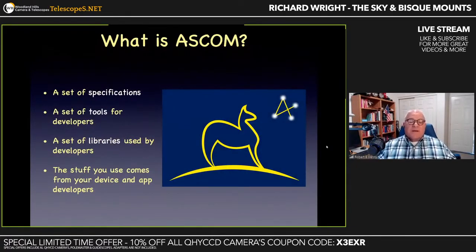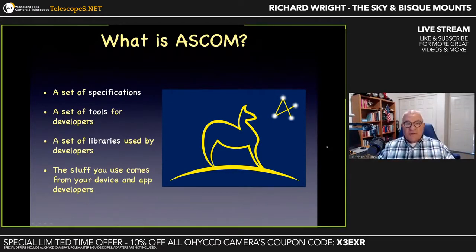Before we get into the ALPACA part, I'm going to talk a lot about ASCOM as fast as I can get through it, just to give you a technical background of what it is and why it exists and how it works at a very, very shallow level. Fundamentally, you hear people say ASCOM's broken and so forth. What ASCOM itself is, is a set of specifications, a set of libraries that are used by developers to implement applications and control software that talk to each other over a universal interface.